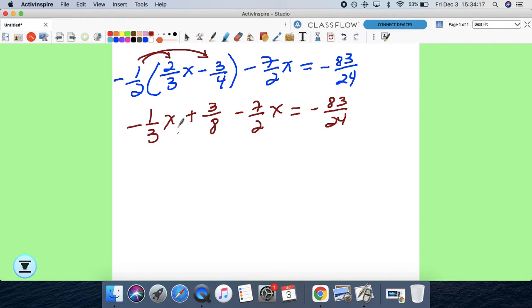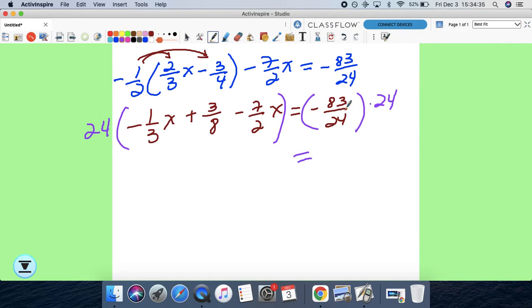You could combine this x term and this x term here, but I don't want to. I'm going to combine them after I clear the denominators. And to clear that, I'm going to multiply everyone by 24, because that's the least common multiple.